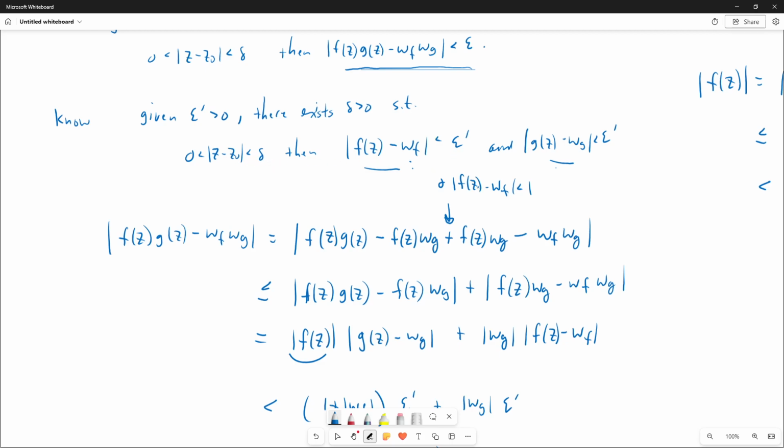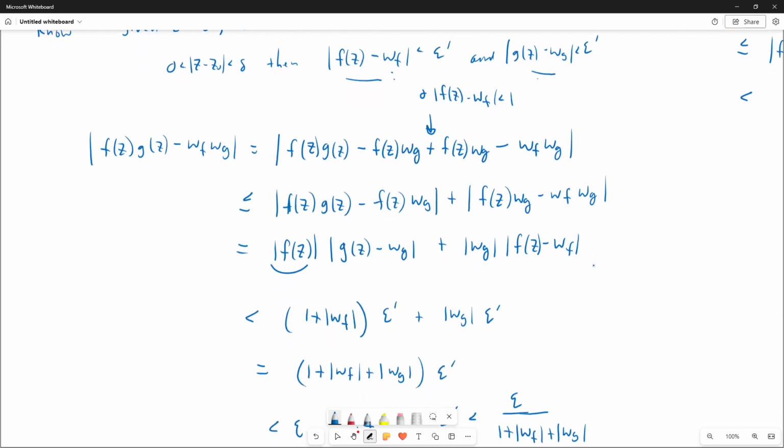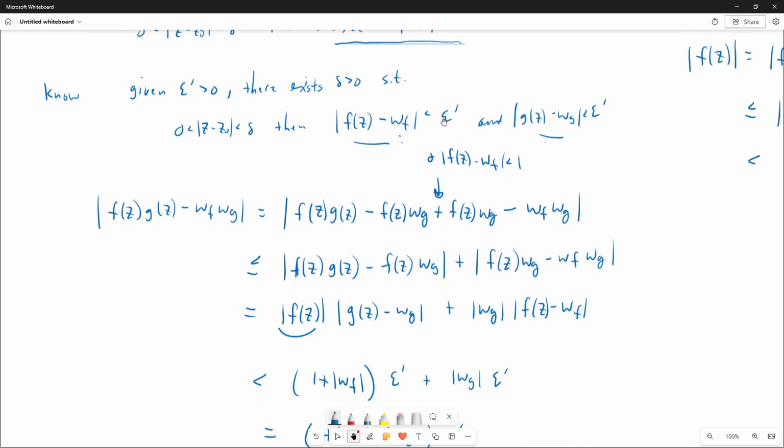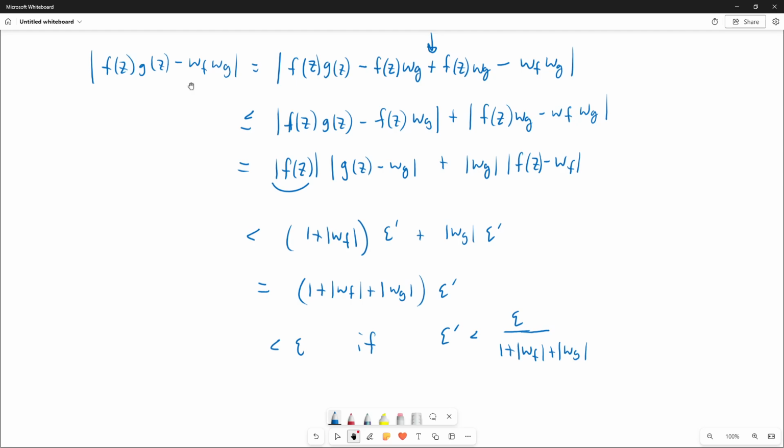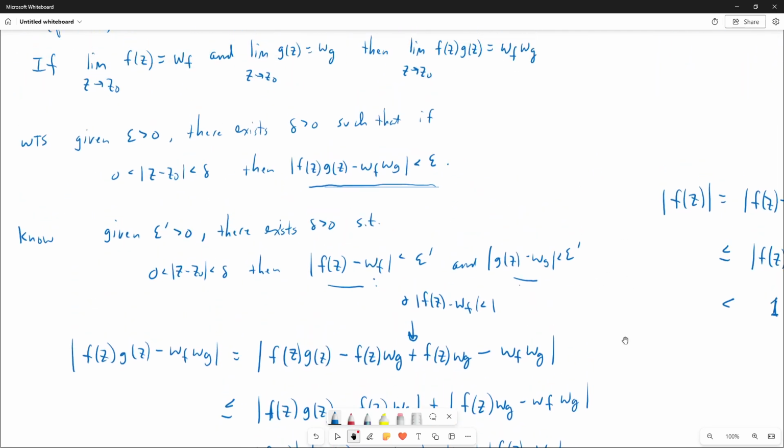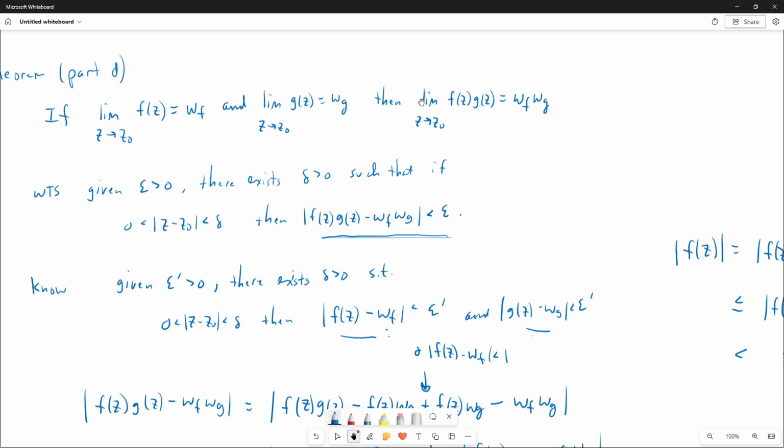So there exists a delta such that all three of these inequalities occur, and therefore this difference here is going to end up being less than epsilon as long as we choose this epsilon prime number, which we can choose to be any positive quantity less than this positive real number here. And that means that this difference is less than epsilon, and so this limit is as we claimed. And that concludes the proof.